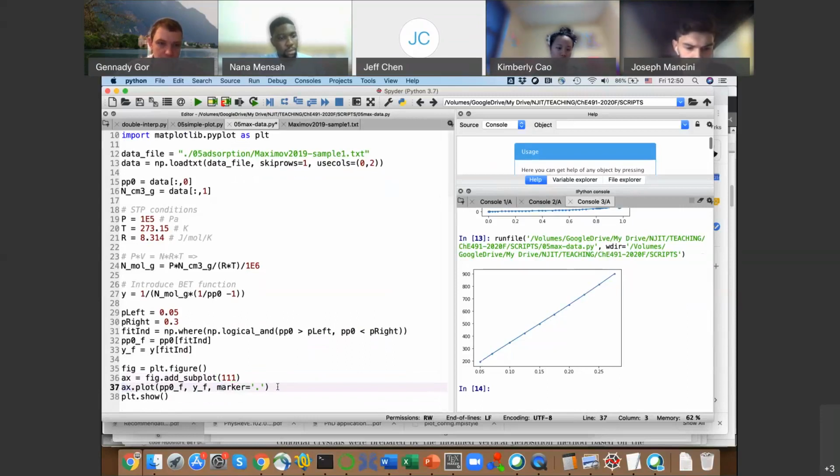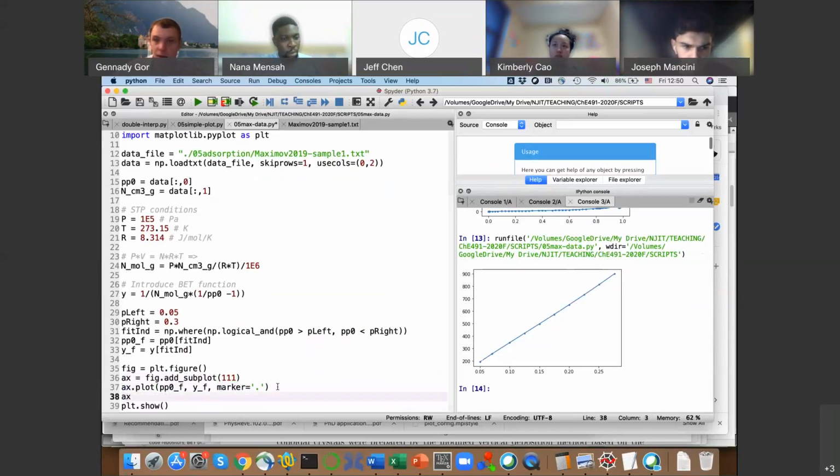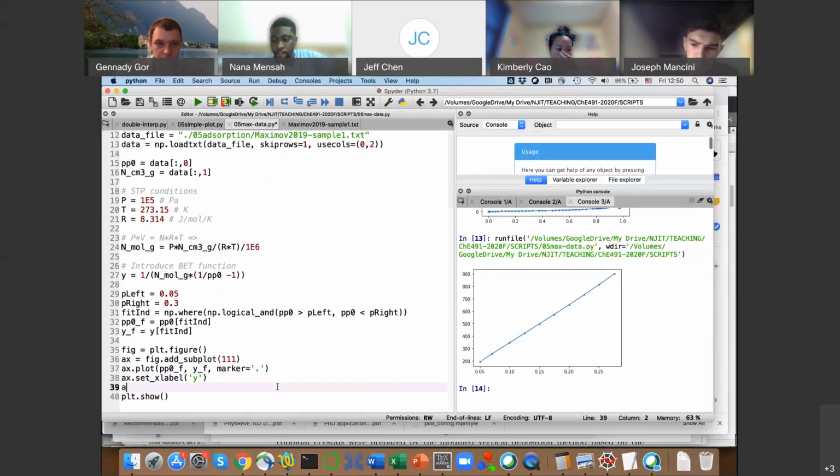And then the axis labels, this is what I needed very badly. X set x label, and let me call it Y, okay? And this is set y label.